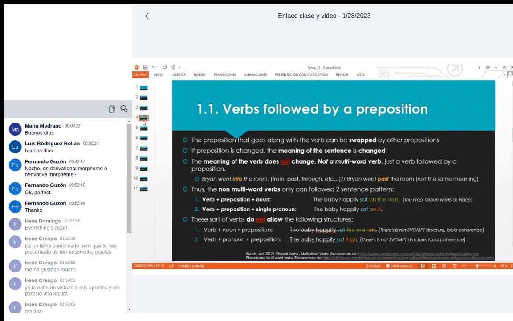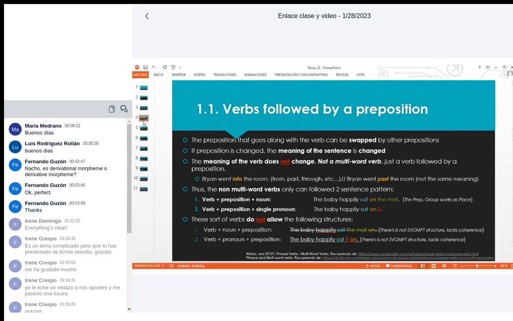However, these lexical verbs followed by a preposition cannot allow the following structures. For example, the baby happily sat the mat on. Here, there is no correspondence between the preposition and the following noun phrase. So the word order would be wrong because it hasn't got a meaning, hasn't got a sense. And the same happens with the second structure, the verb plus the pronoun plus the preposition.